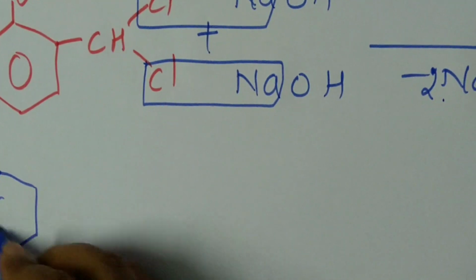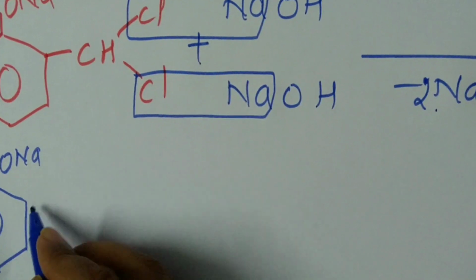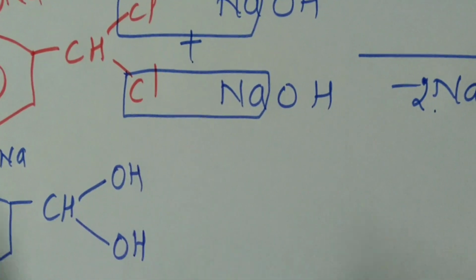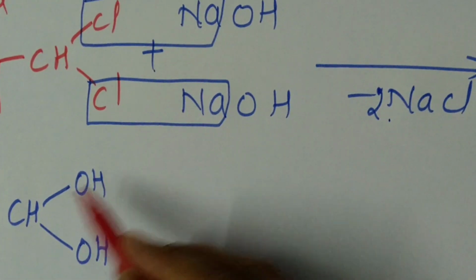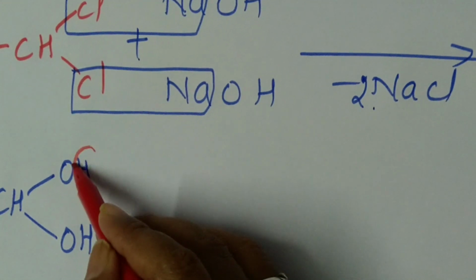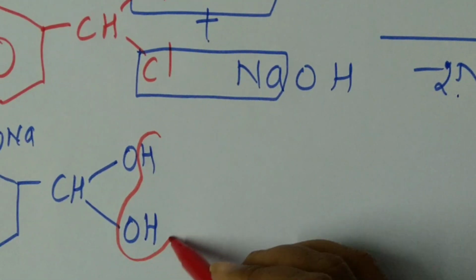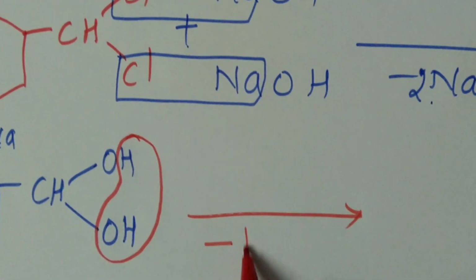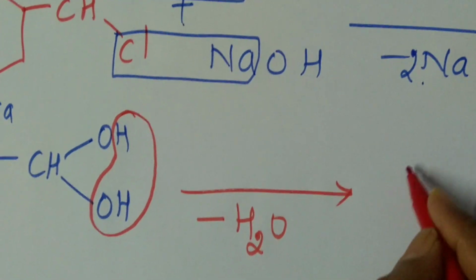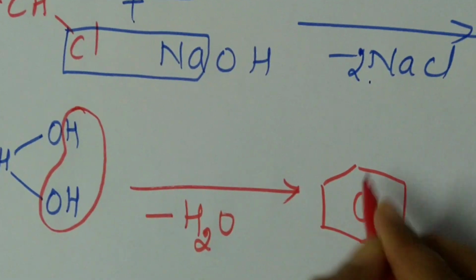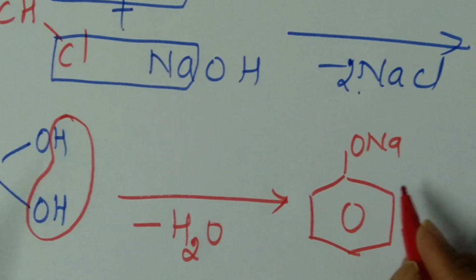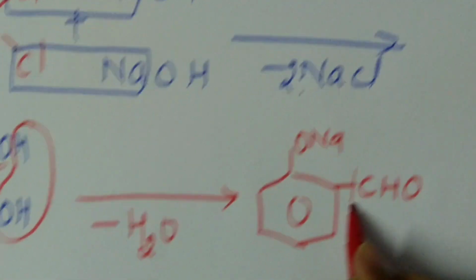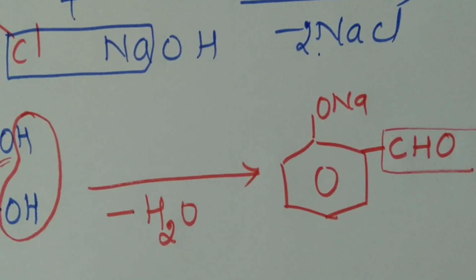We are left out with ONa, CH, OH and OH. I had told in the first video of mine, a carbon atom cannot have 2 OH groups attached to it. Therefore, there is elimination of water. So water is removed, minus H2O. So what do we get? ONa, and what is left out here? C, H and 1 oxygen. So we have got an aldehydic group, right?